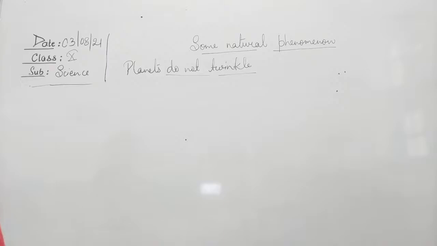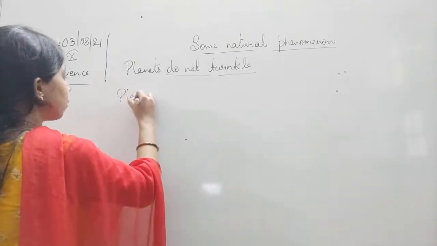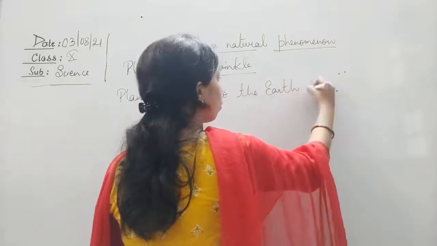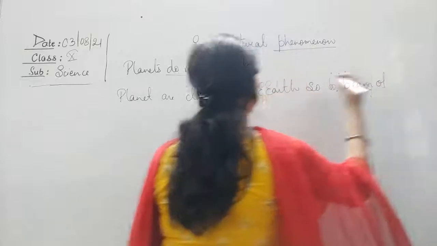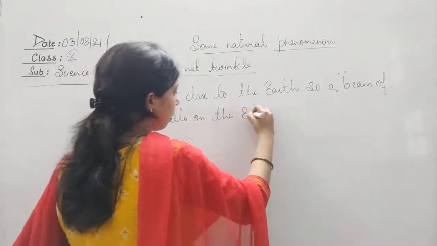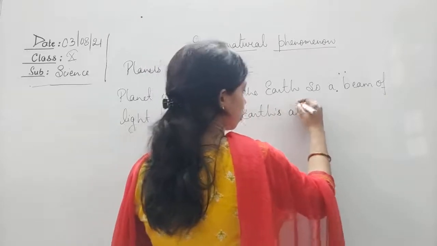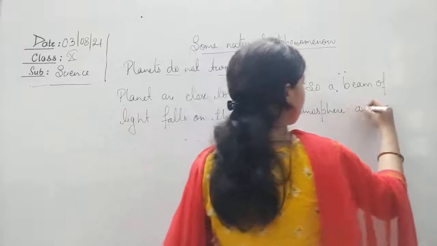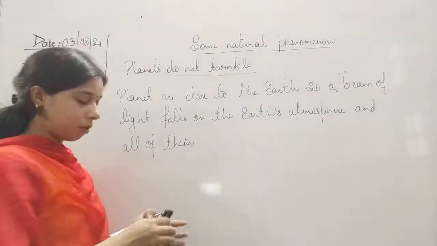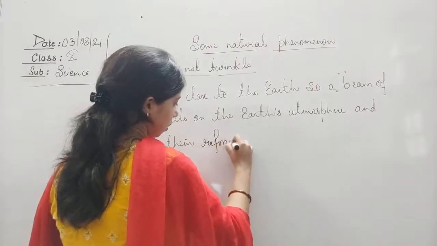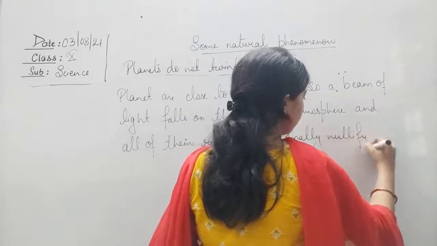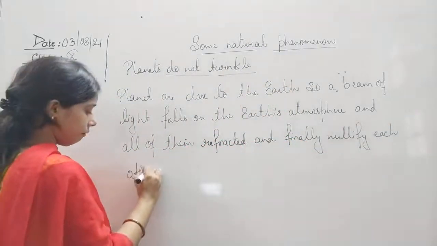We can write here that since the planets are very close to the earth, a beam of light falls on the earth's atmosphere, and all of them show refraction, and finally nullify each other's effect.